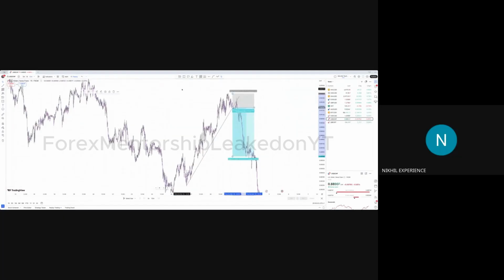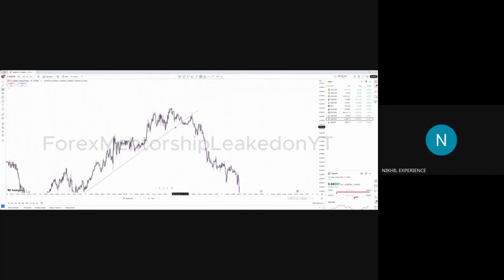Now, in a situation where price breaks out like this, and it's taking time to retest, most times you can see price do something like this.